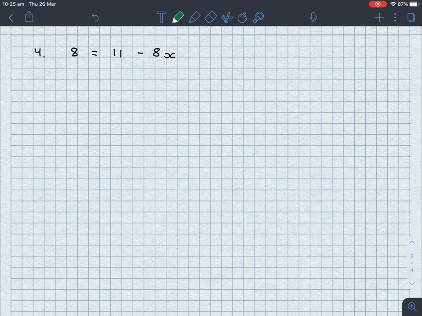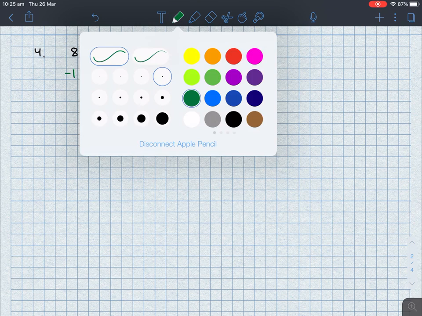So, here I have 11 minus 8x. The constant, the number that's on its own with no letters attached, is a positive 11. So to get rid of that, I'm going to take away 11. So even though there's no plus or minus in front, I know that if it's positive, I get rid of it by taking it away.